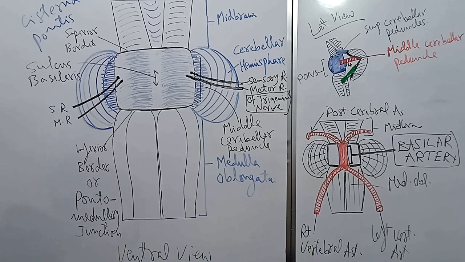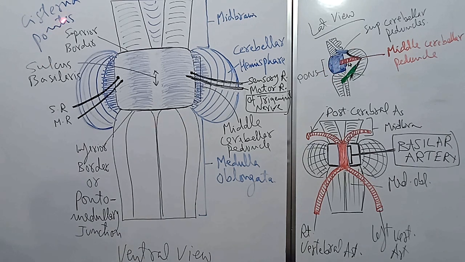For example, the cerebellomedullary cistern was here between the cerebellum and the posterior surface of the medulla oblongata, and the interpeduncular cistern was here. Now, anterior to the anterior surface of the pons and medulla oblongata, there is the cisterna pontis.